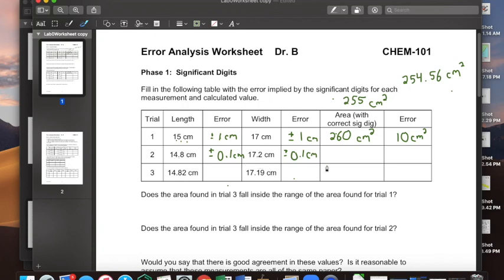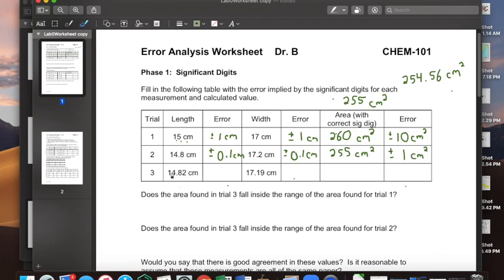And so multiplication rules tell me that I should only keep 3. So I'm going to go ahead and say this is 255 centimeters squared. When I report 255 centimeters squared as my calculated area, I'm saying that this 5 is uncertain. It could be a 6, it could be a 4. So this area that I'm reporting is plus or minus 1 centimeters squared.